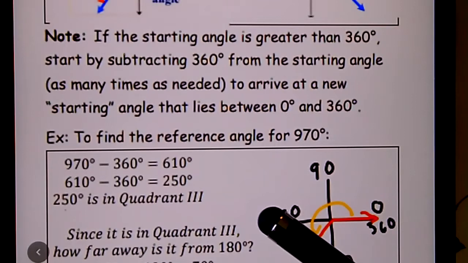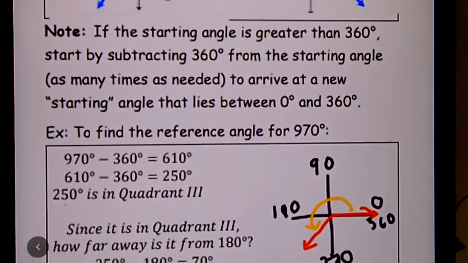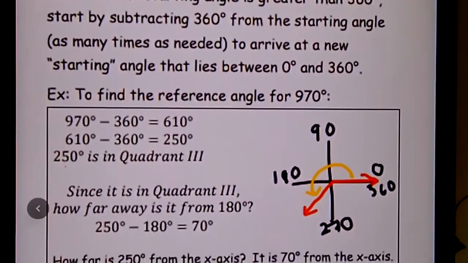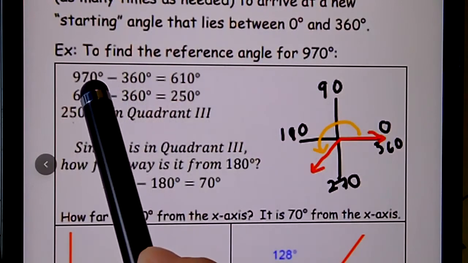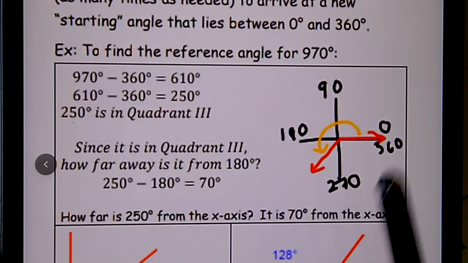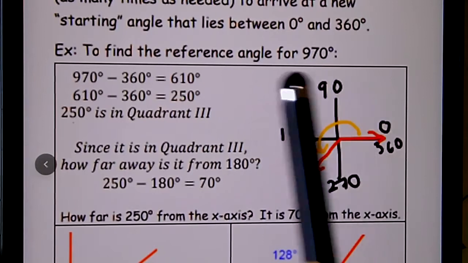Then from there, you're going to figure out its reference angle. So, for example, 970 degrees. Obviously I'm going around more than one time.